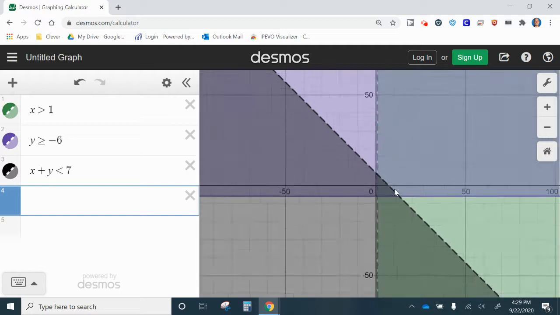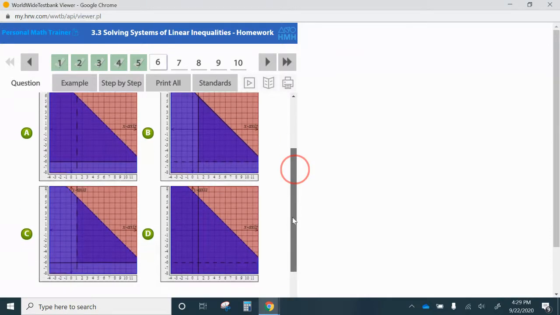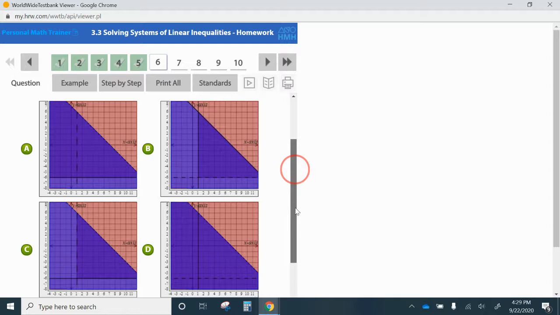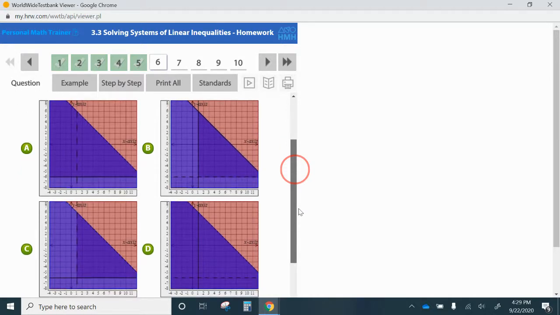So it looks like the overlapping region is this dark triangle in the middle right here. And looks like we have a solid line across and two dashed lines there. So let's look at the answer choices. And this is a little hard to see.